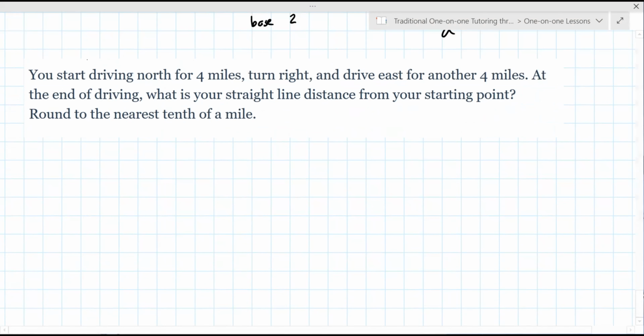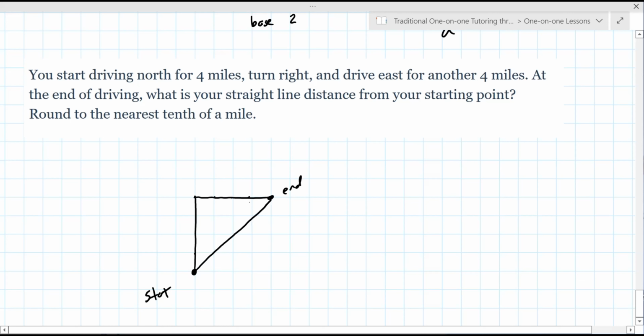Again, a picture is really helpful. So you start here and drive north 1, 2, 3, 4 miles. And you drive east for another 4 miles. And it wants the straight line distance between there.